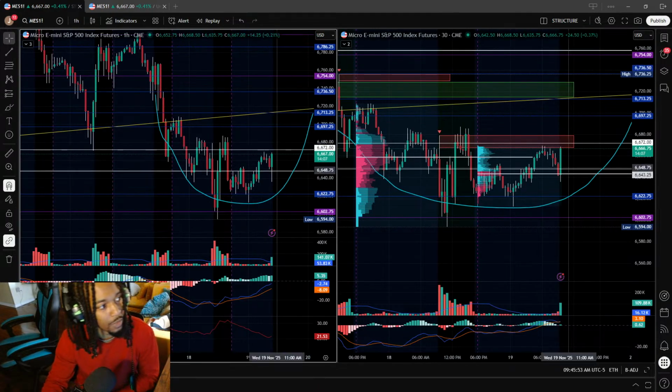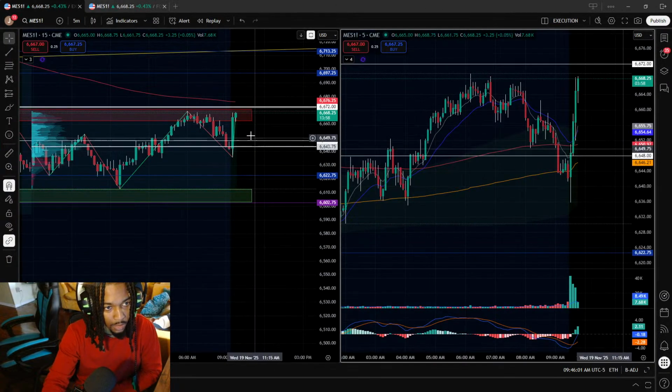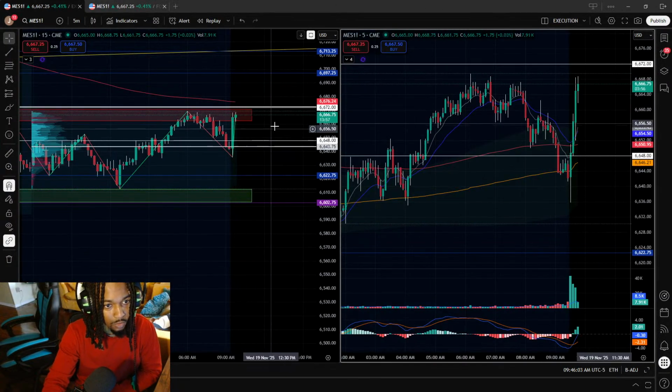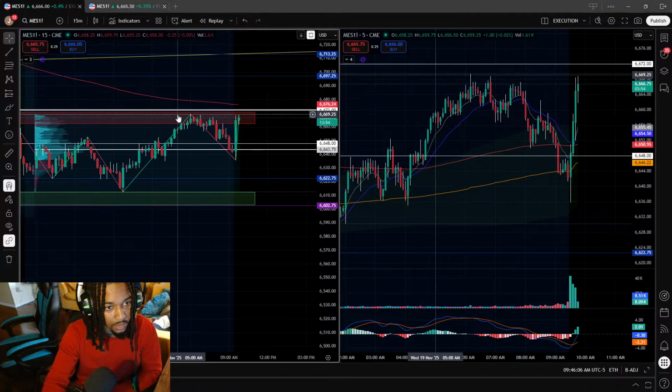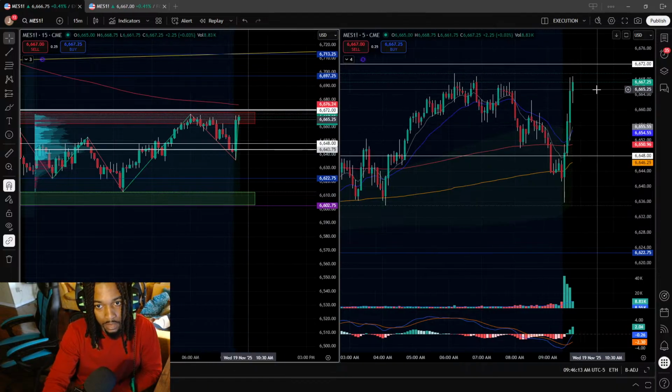This is why we have to have if-then statements though. You have to know how it would look on both sides. Look, it's building up. It's building to go through the highs here on a 15-minute, 669. On the 5-minute, it has 3 minutes to go.